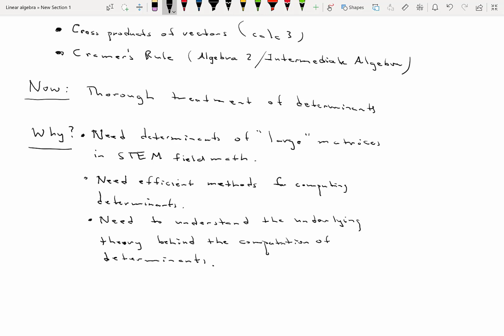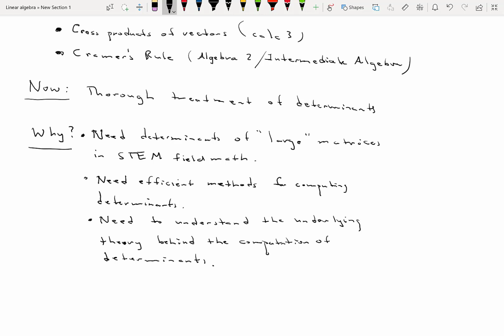We also need to understand the underlying theory behind the computation of determinants, even though most of us in the course are not math majors, so we don't necessarily need to concentrate on the theory. We do need to understand the underlying theory, primarily because a good number of students who are taking this course are likely to be involved in coding and writing programs for other engineers or other STEM workers.